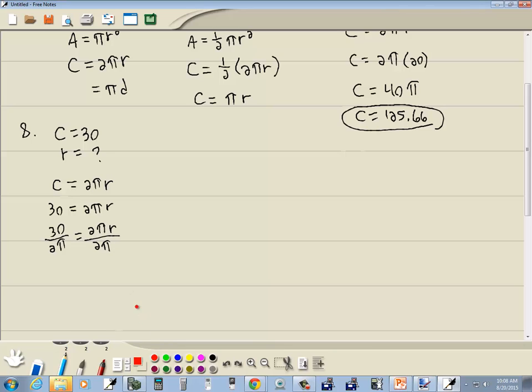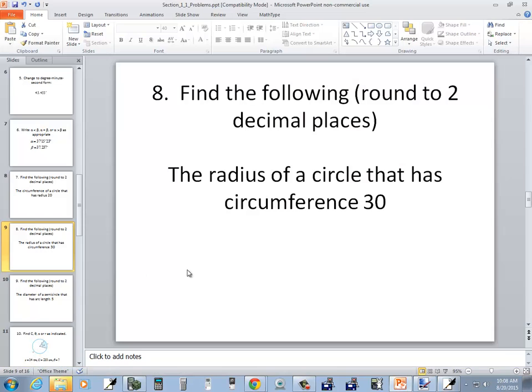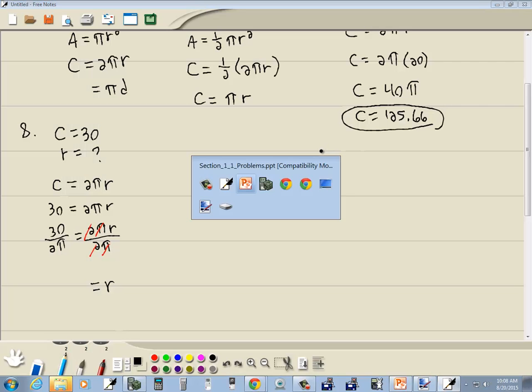When we do that, these 2's cancel, the pi's cancel. And since we're wanting it rounded to 2 decimal places, I could simplify this fraction and have 15 over pi. That'd be an exact answer, but they're wanting it rounded. So 30 divided by 2 pi.